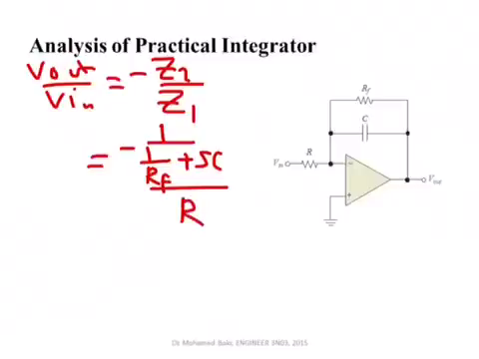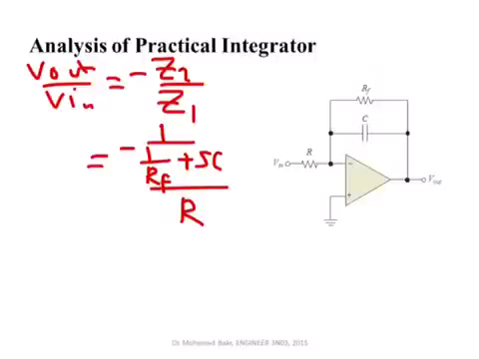Now if I simplify things and multiply both sides by this, I can take this R in the denominator and move it here, so it becomes R over RF, and the other one becomes SCR.